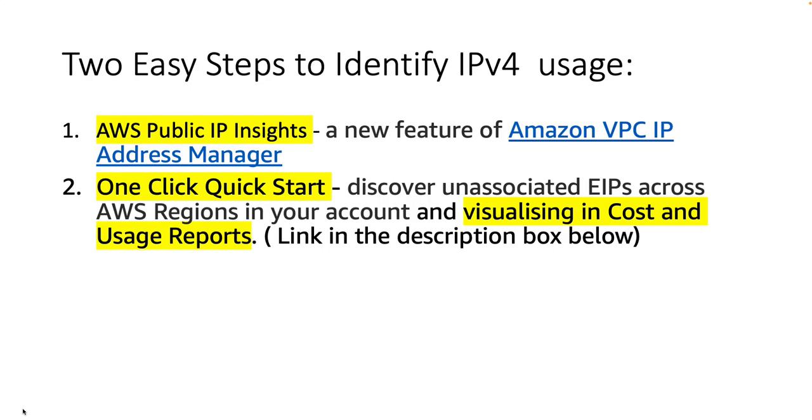The second solution is to use the one-click quick start guide that essentially leverages a Lambda function, which discovers unassociated Elastic IPs across all your AWS regions and your AWS accounts. Insights gathered by the Lambda function are stored inside Amazon Simple Storage Service, S3, and you can further visualize this data through cost and usage reports.